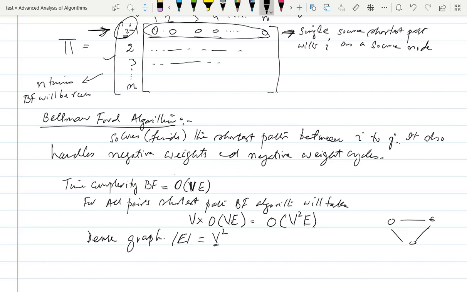So by plugging this value in this equation, we'll get that Bellman-Ford, in case of a dense graph, will take almost V raised to power 4 to solve all pairs shortest path. This is what we have discussed before, and we'll continue from here onwards.